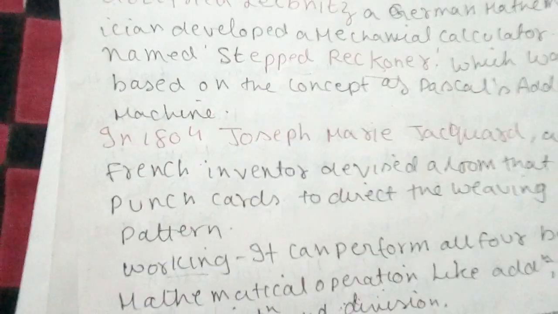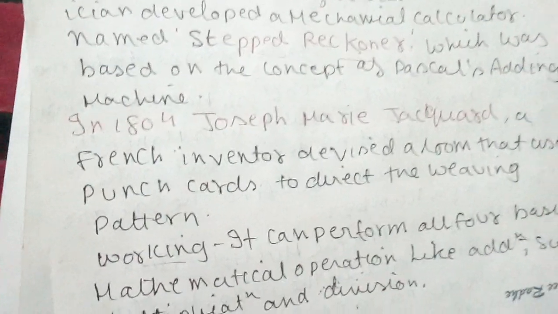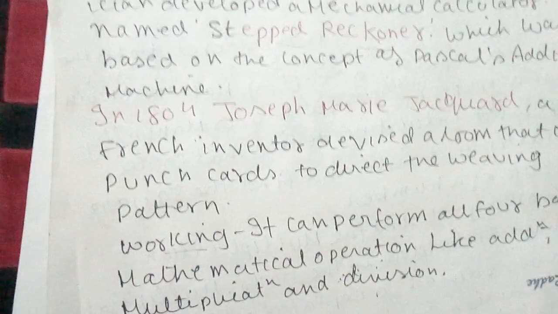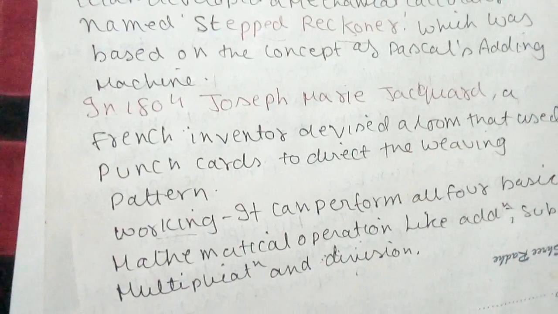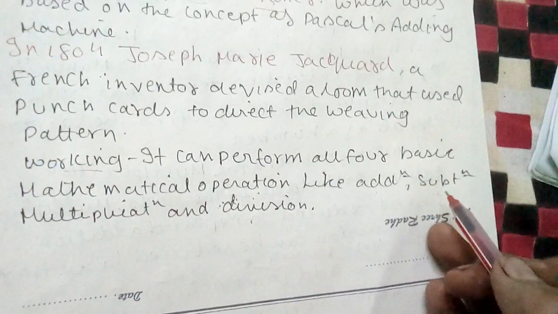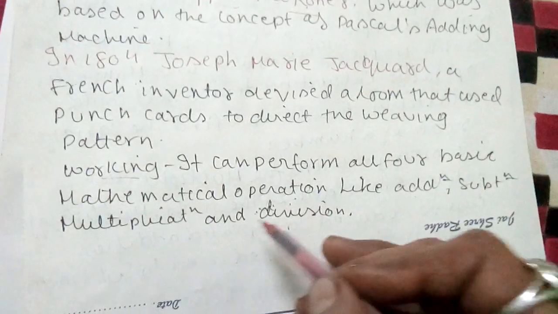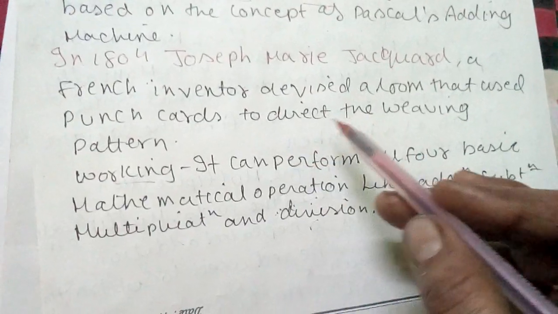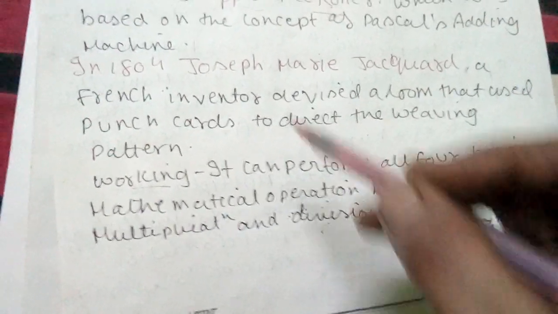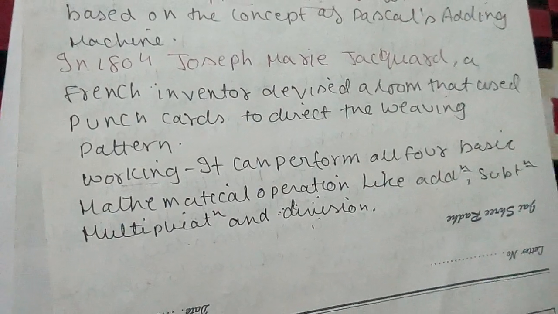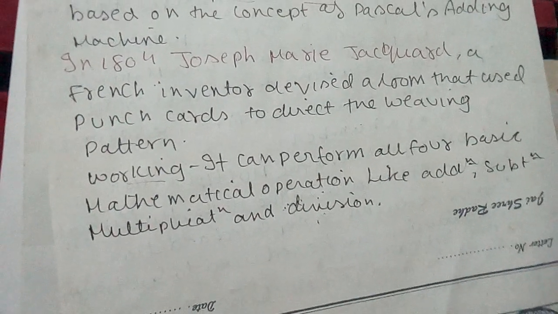Next, in 1804, Joseph-Marie Jacquard, a French inventor, devised a loom that used punch cards to direct the weaving pattern.